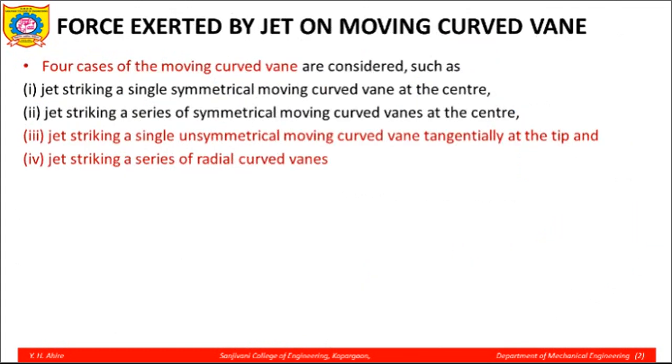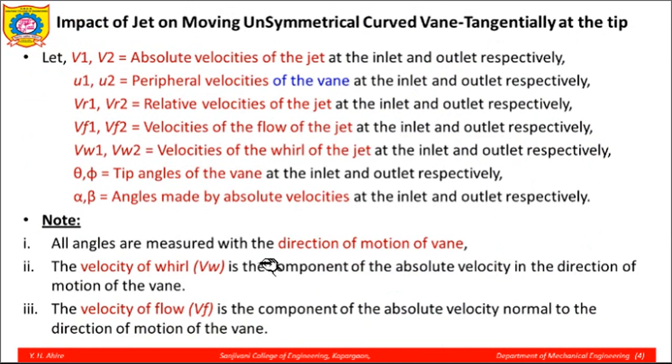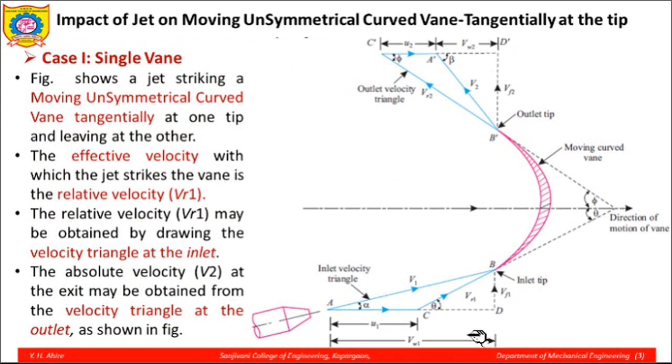Alpha and beta are the angles made by the absolute velocities at the inlet and outlet. So there are two absolute velocities, V1 and V2, right? These absolute velocities make angles alpha and beta at inlet and outlet with respect to the direction of motion of the vane.